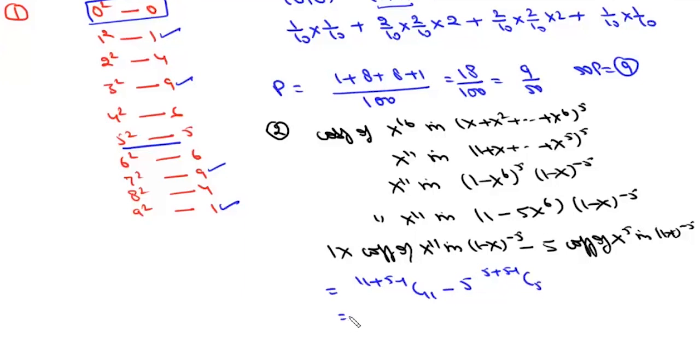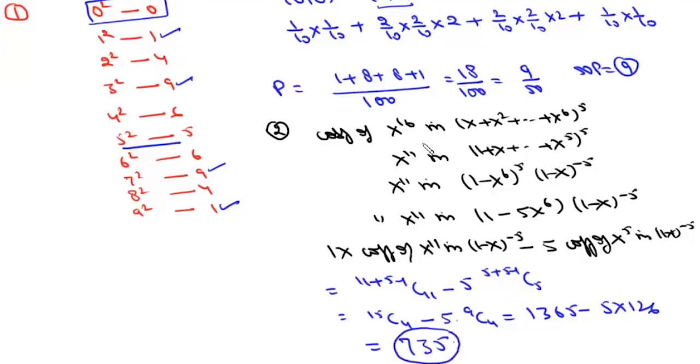So it will be 15C4 minus 5 into 9C4, which is 1365 minus 5 into 126, which is 735. So there are 735 ways in which the sum of numbers on 5 dice will be 16.